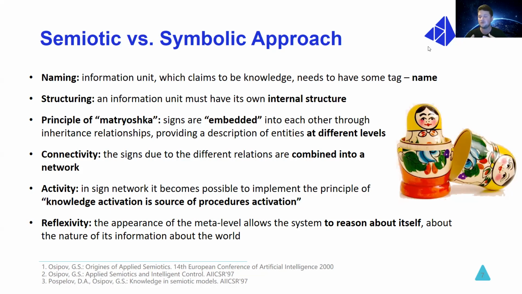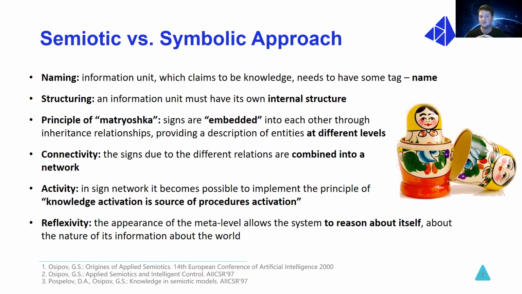Also, information must be structured. So there is no separate piece of knowledge. They should have internal structure, and they have to be connected and combined into a network. So they should relate to other notions and other information that the agent knows.